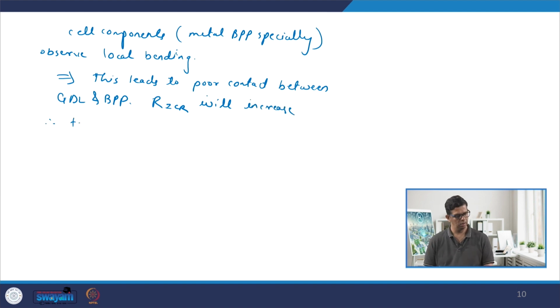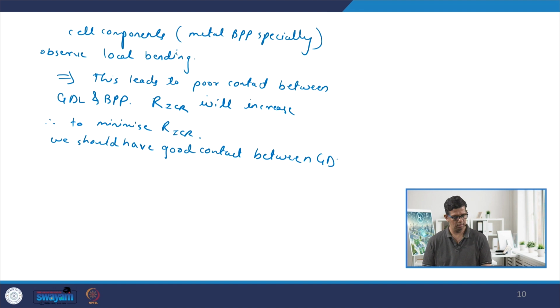Therefore, to minimize contact resistance, what should we do? We should have good contact between the GDL and the bipolar plate. And how can we have good contact between the GDL and the bipolar plate?